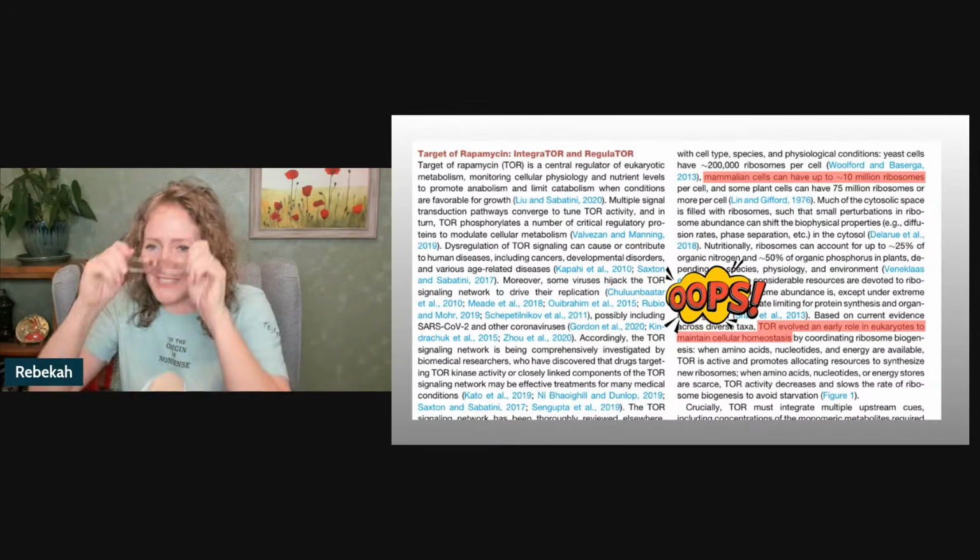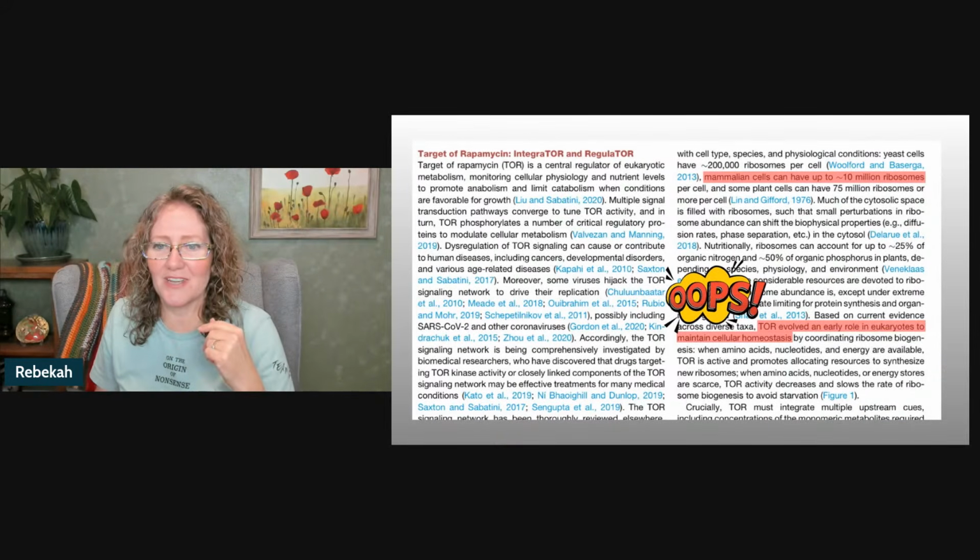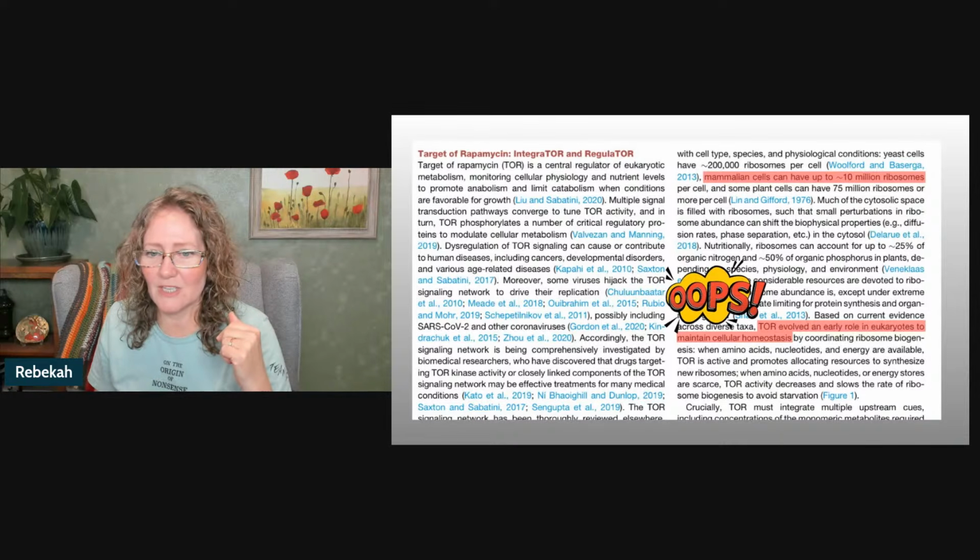Anyway, that's kind of a side note, but I just wanted to point out this other oopsie in their discussion of the evolution of this. They said, based on current evidence across diverse taxa, mTOR evolved an early role in eukaryotes to maintain cellular homeostasis.